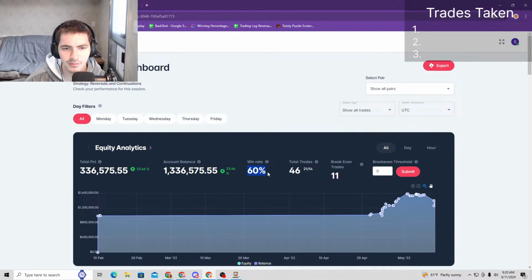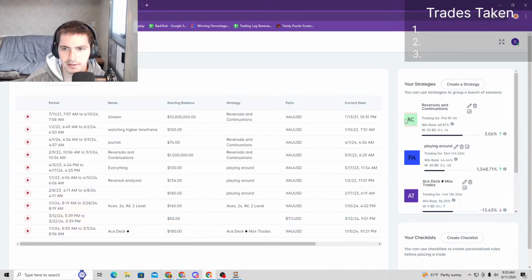I don't get why it says my win rate is 60% here and it continues to say it's 70% here. Must be different filters.